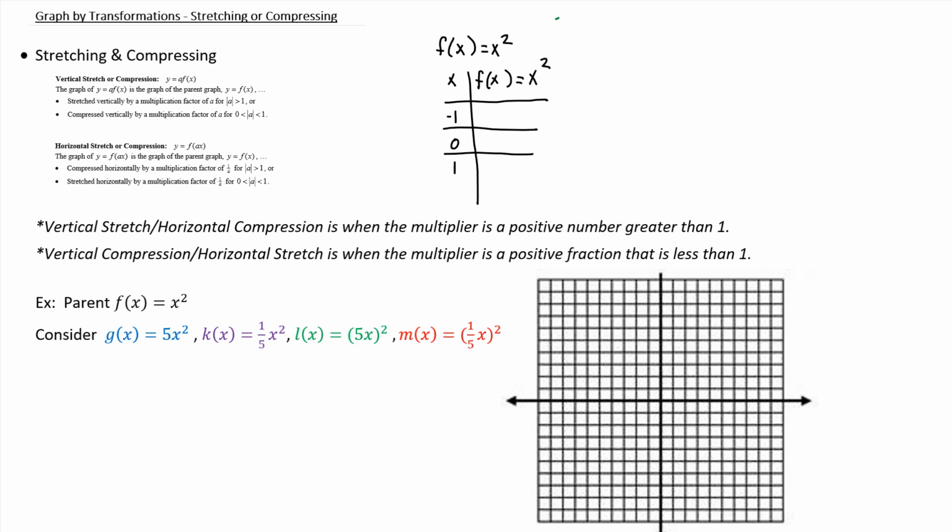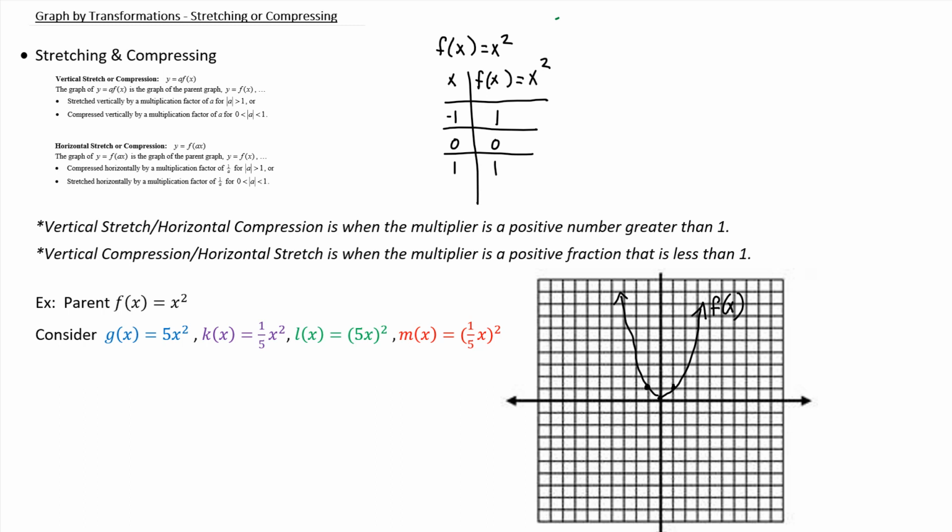If I square each of those x values, -1 squared is 1, 0 squared is 0, and 1 squared is 1. That gives me my three ordered pairs. Then I plot (-1, 1), (0, 0), and (1, 1). Notice this is similar to the absolute value function, except it's more U-shaped versus V-shaped. So that is our f of x, just graphing the parent function point by point.